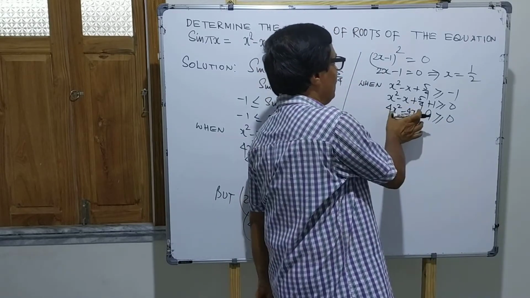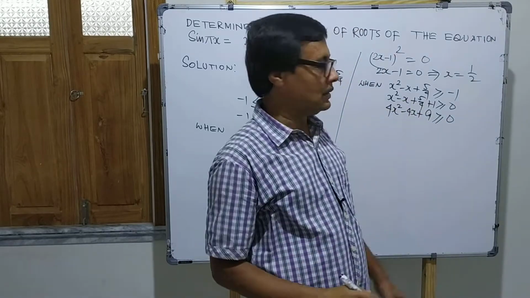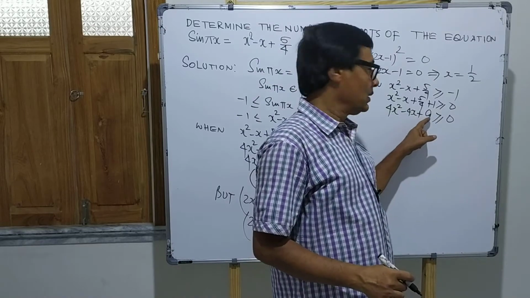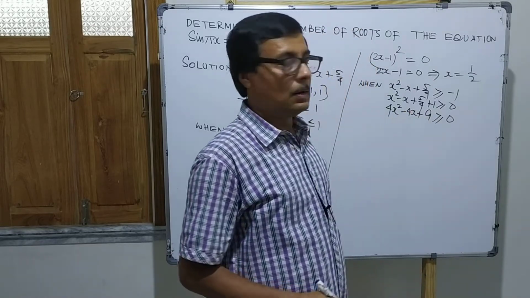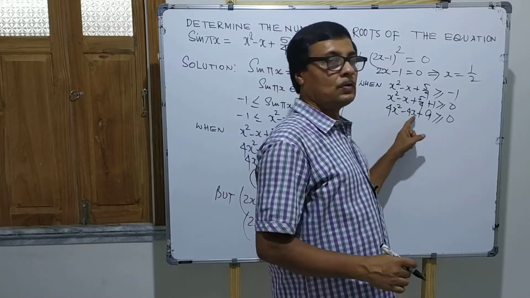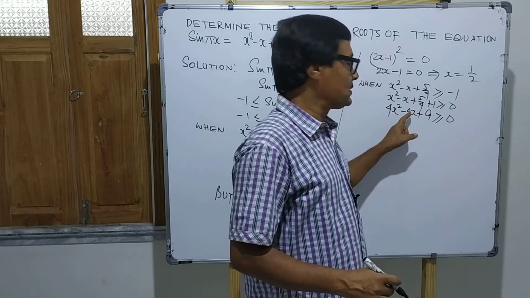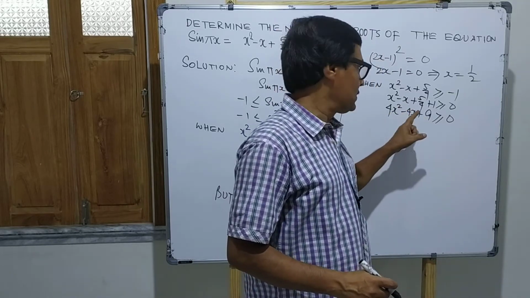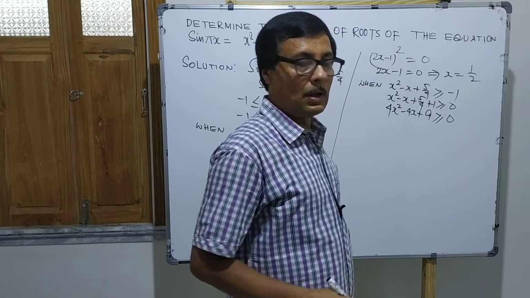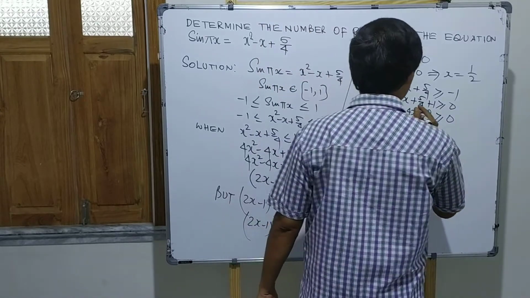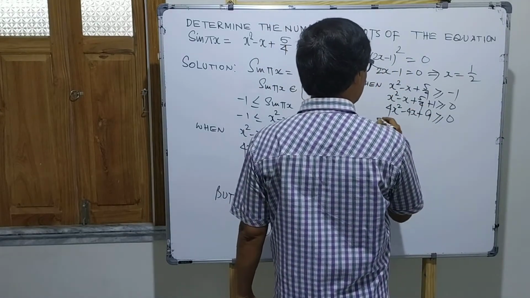This is a quadratic polynomial, and it cannot be reduced into real factors because its discriminant is less than 0.